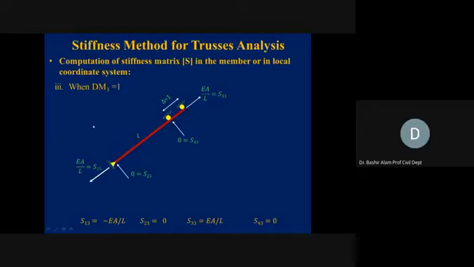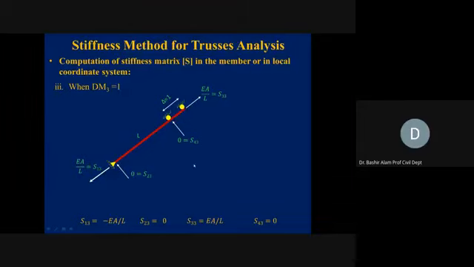Now the designation of the actions produced along DM1, DM2, DM3 and DM4 will be S1 due to 3, S2 due to 3, S3 due to 3, and S4 due to 3. Again, using PL over AE, this will become EA over L. S13 will be equal to EA over L.